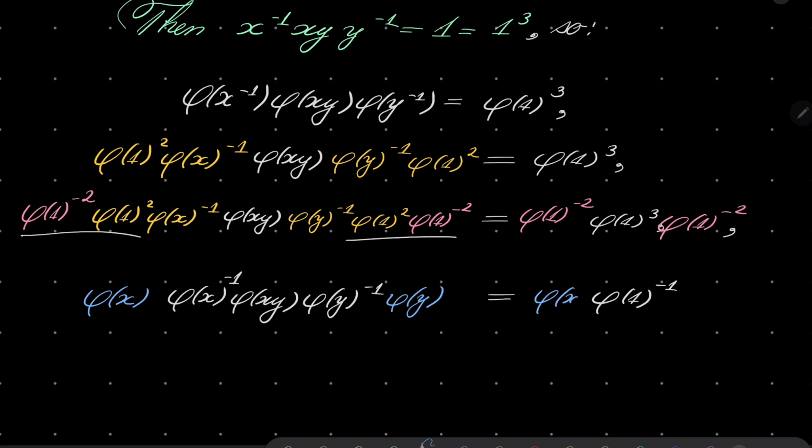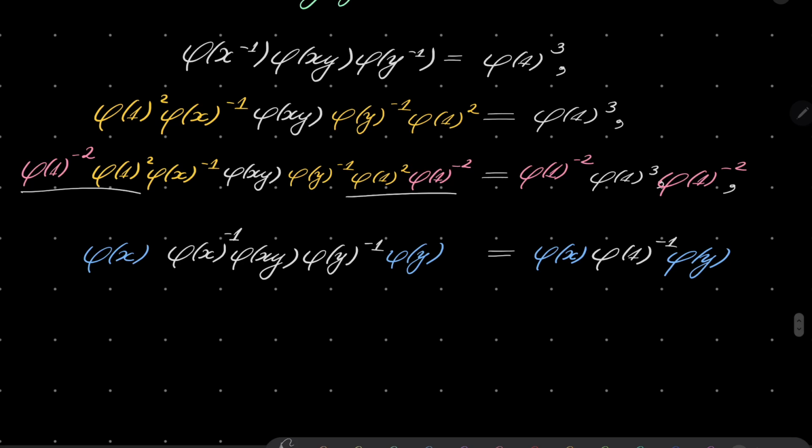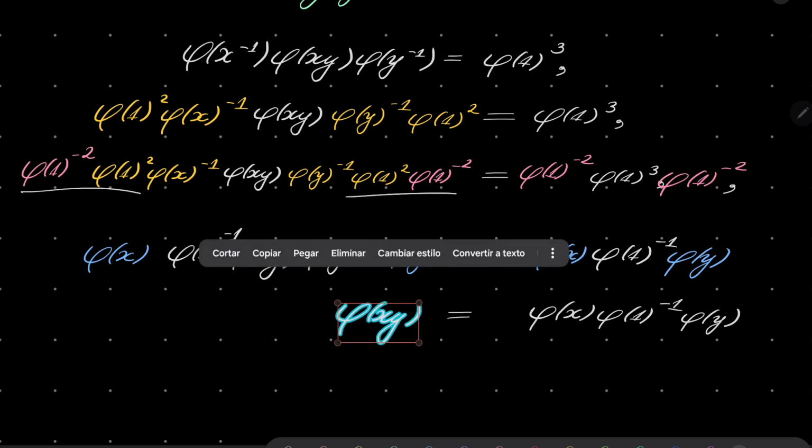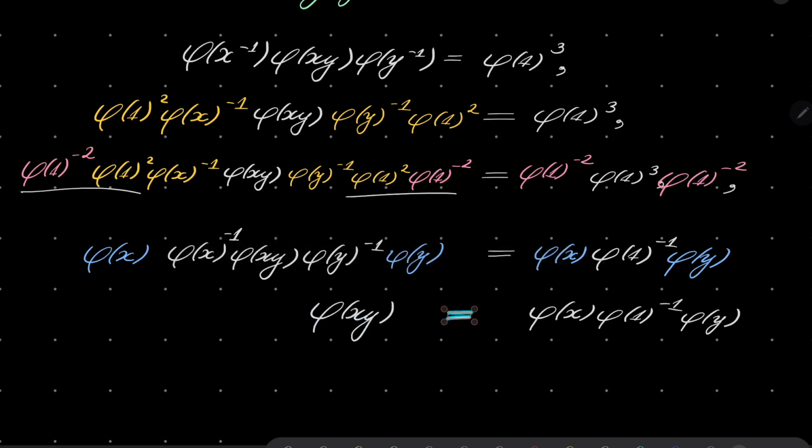And now notice that everything disappears apart from phi of xy, and this equals phi of x, phi of 1 inverse phi of y. And also, finally, the last step, I will take this equation and I will multiply by phi of 1 inverse.